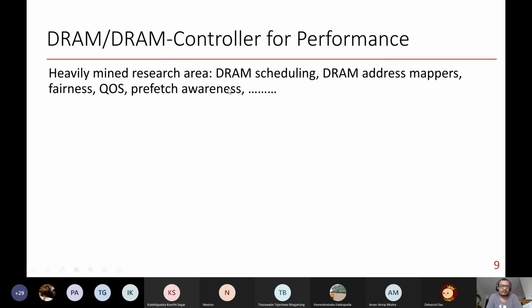For example, DRAM scheduling is still a point of concern in many-core systems. If you take 64-core or 128-core systems, typically you will find one controller is mapped to, let's say, 4 to 8 cores. That means there are 10 DRAM controllers and 100 cores, and they are fighting with each other to get the data from DRAM.